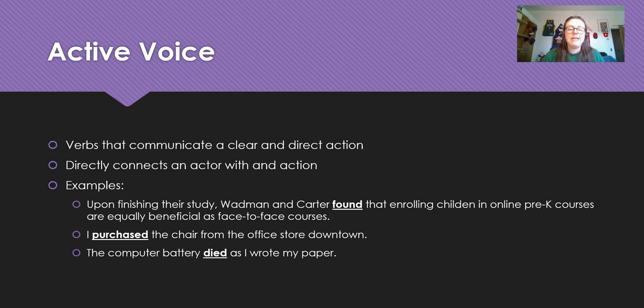Look at active voice. Now, when we say active voice, that you write in an active voice or you use active verbs, that means that you are using in your writing verbs that communicate a clear and direct action. So an easy way, I think, to understand active voice and active verbs is that they are tethered in some way, shape, or form to the real world.